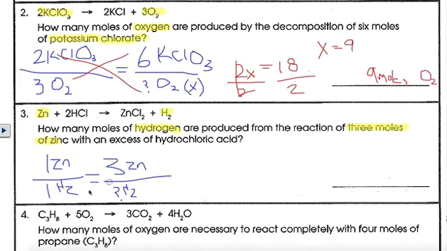Whatever number you change the zinc to, that's what you change the hydrogen to. Pretty easy. So I'm not even going to do the multiplication, it's just 3 moles of H2. I should write moles in there for you. I've got to be a little more consistent.